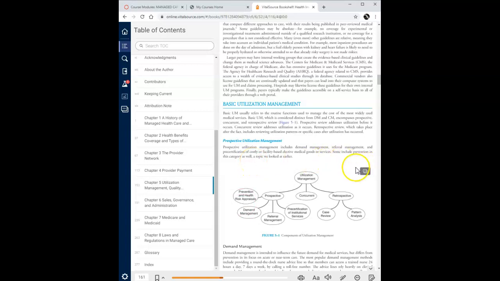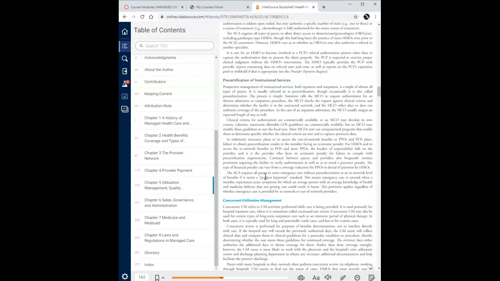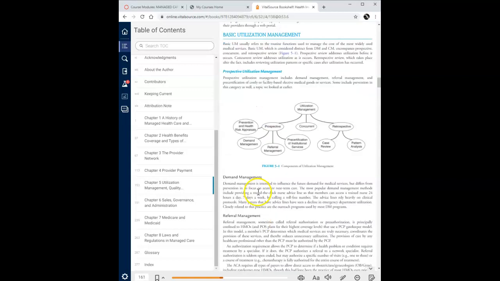Remember, I said something to you about retrospective. Here's a little hint. See retrospective right here. What is right below retrospective? Keep this in mind. This section, come to here, so you see concurrent.